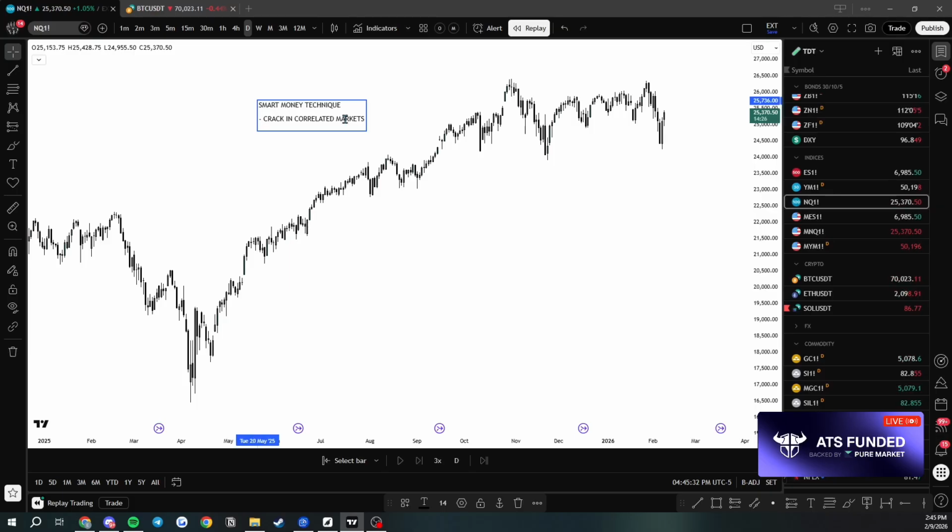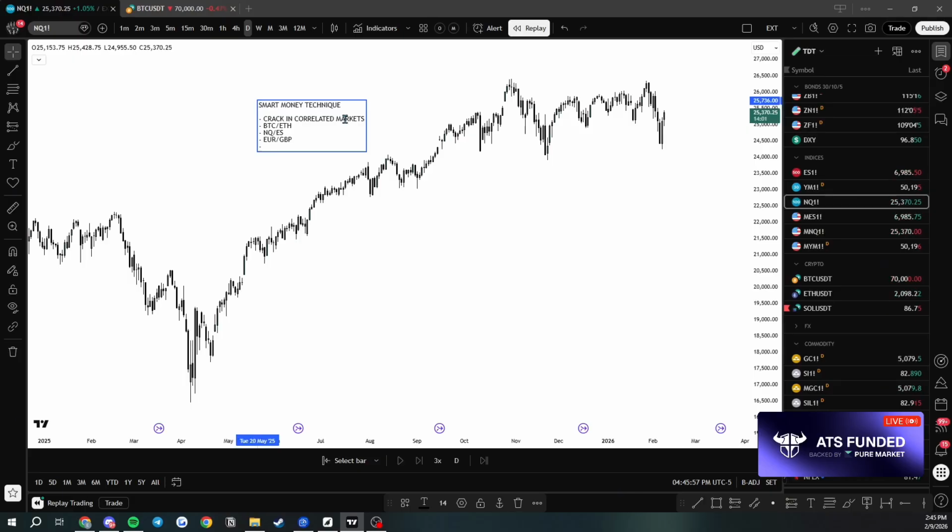What are correlated markets? We can think about BTC to ETH. We can think about NQ to ES. We can think about Euro and GBP.